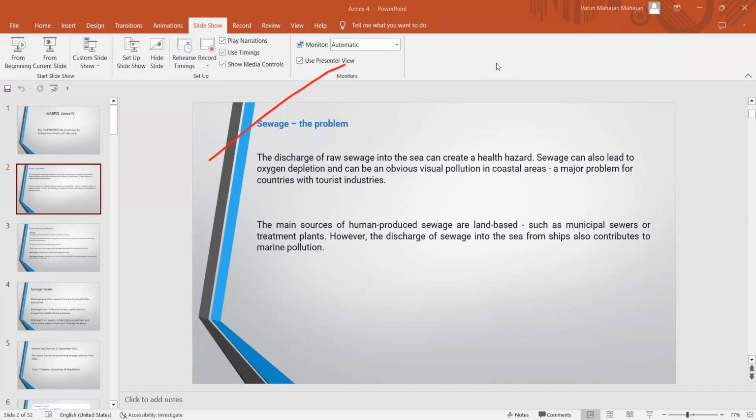Sewage can also lead to oxygen depletion and can be an obvious visual pollution, especially for countries that are based on tourists, known for their beaches and all. Obviously, visual pollution is going to be the major issue.